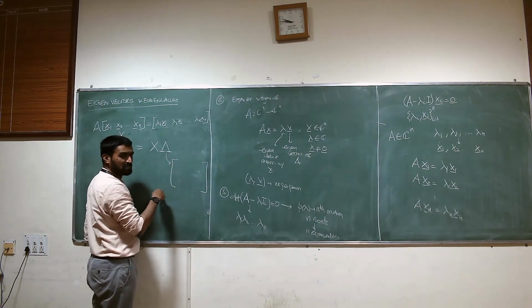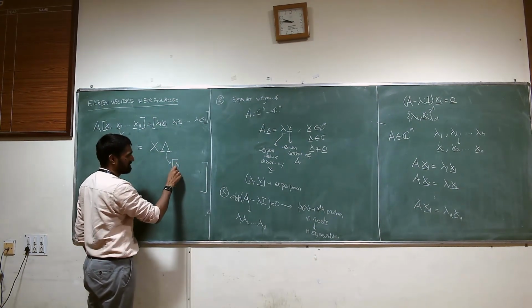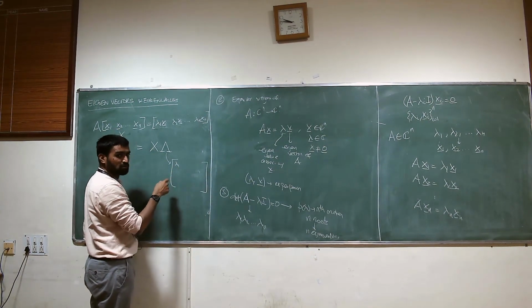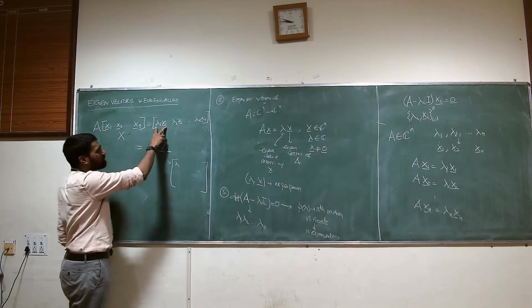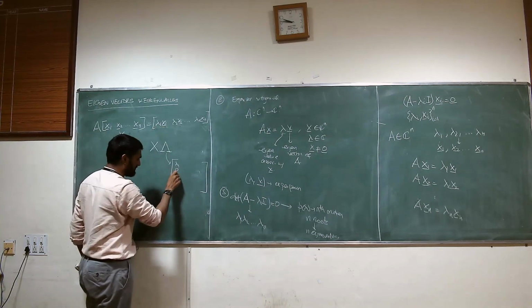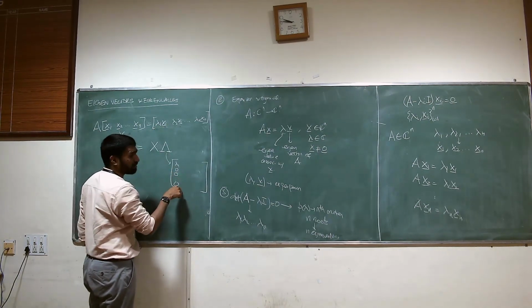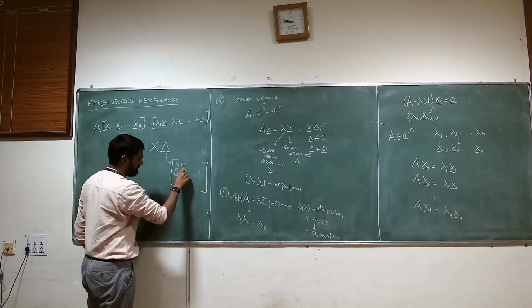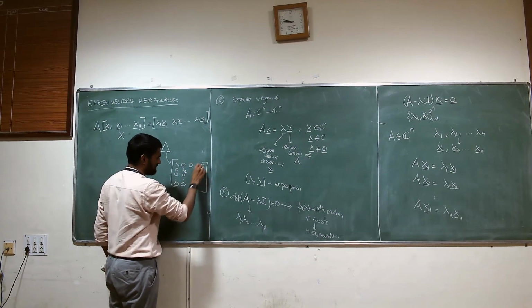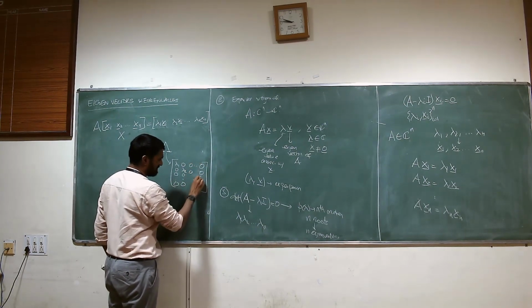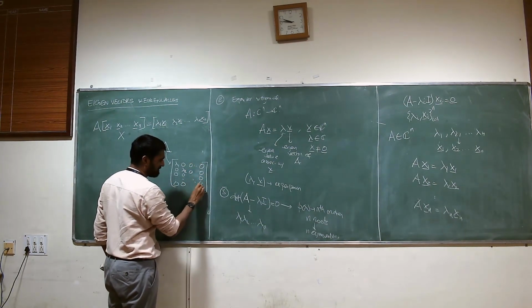You have to tell me n numbers. All zeros in there. Why all zeros? Because the first column only contains lambda 1 times 1 and all the others are 0. What about the second column? And then this will all be zeros. What about the last column?